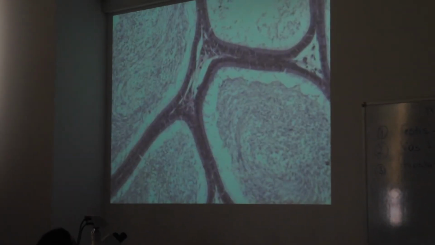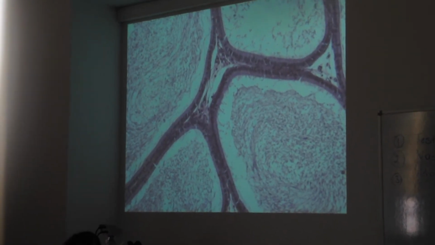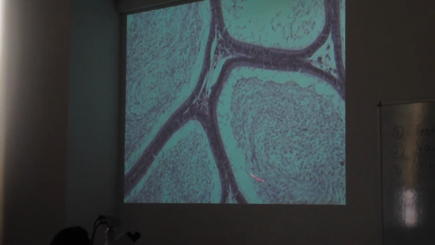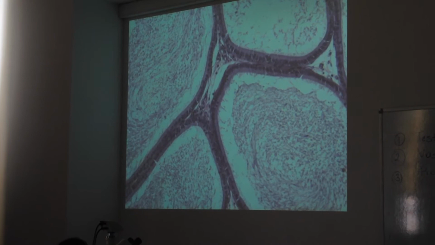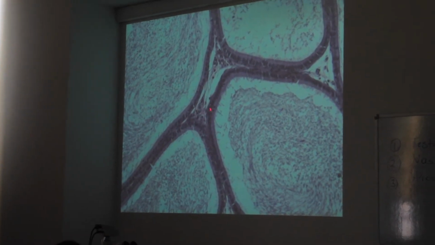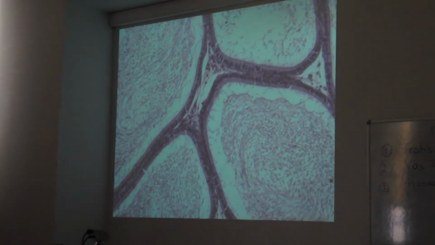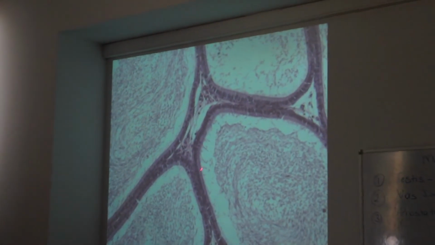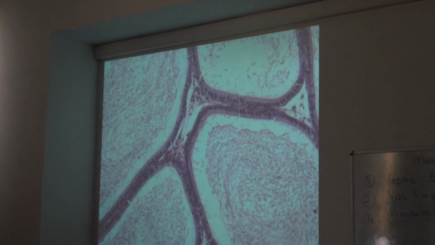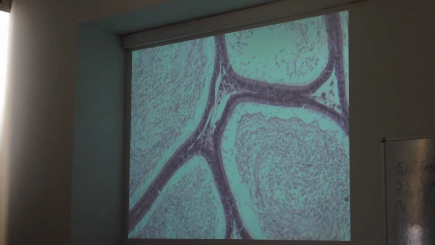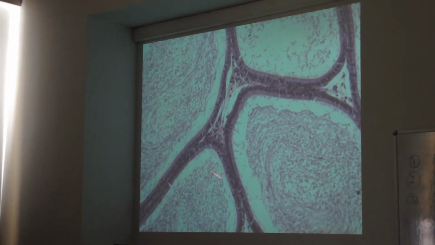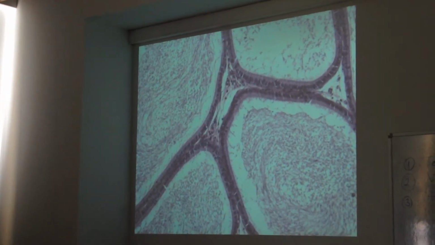And inside the ductus epididymis, we can observe sperm cells. You see, this is the pseudostratified columnar epithelium, and these are the stereocilia extending through the lumen. And that you should see in this slide.